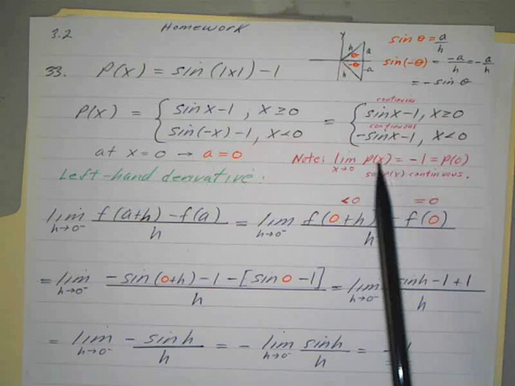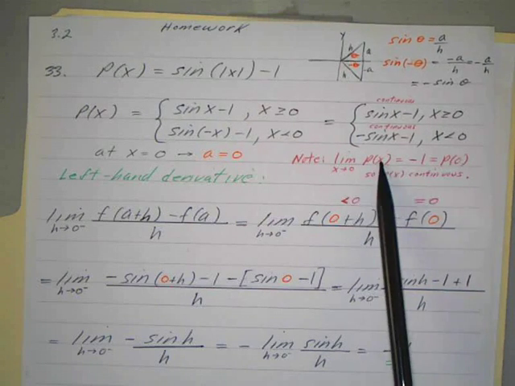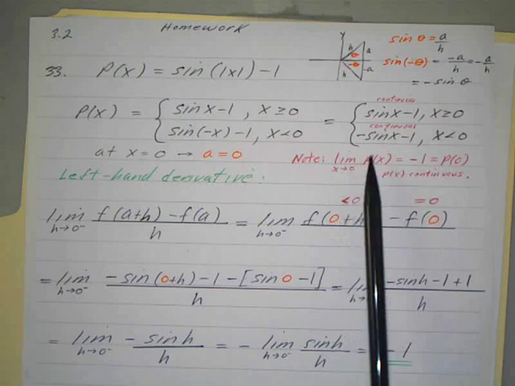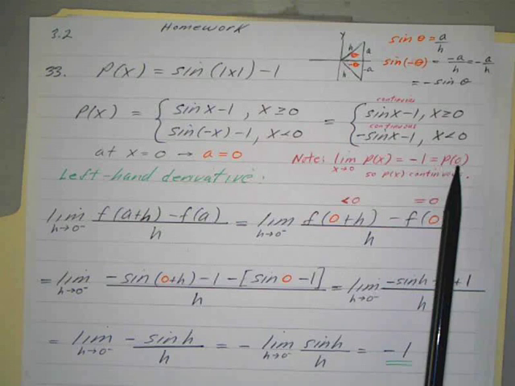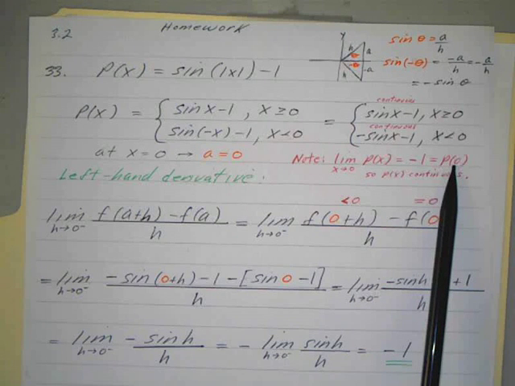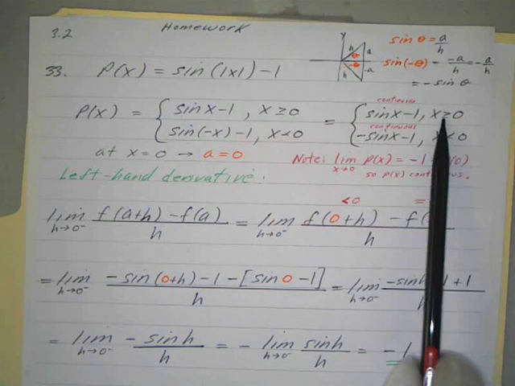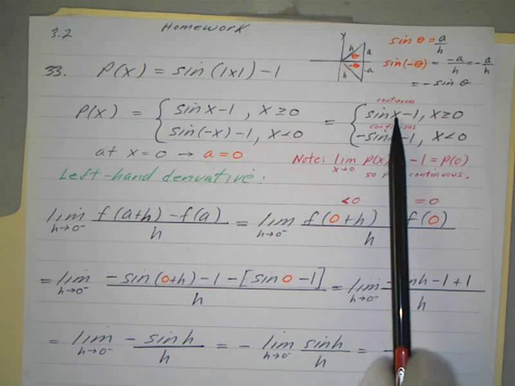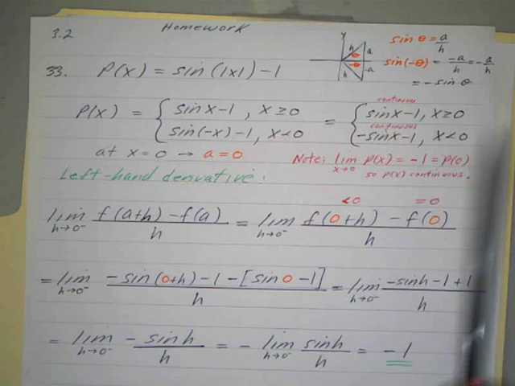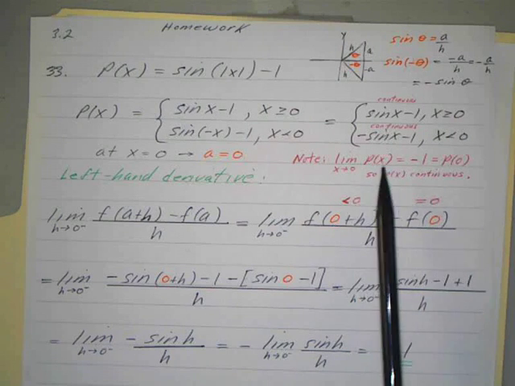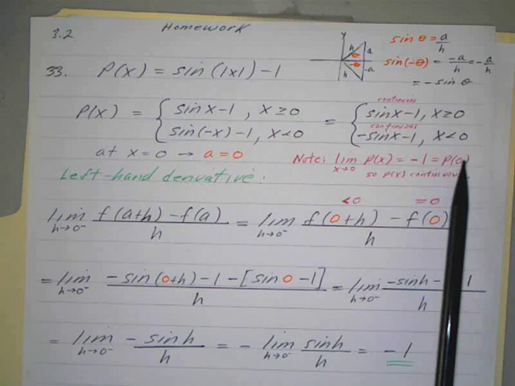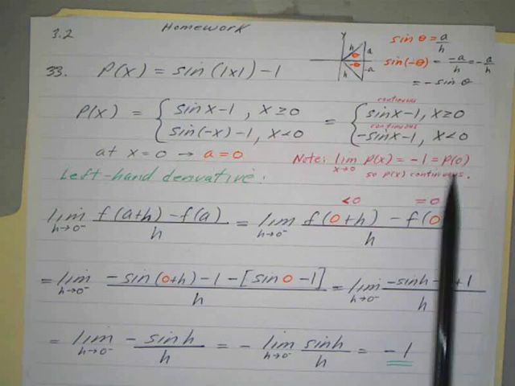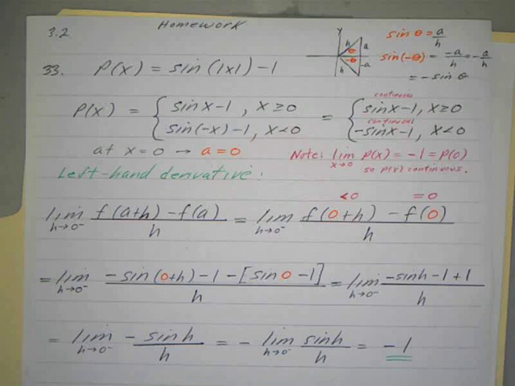So the left limit equals the right limit, so the limit of p of x as x approaches 0 is negative 1, but that's also the value of p of 0. Because if I put 0 in my function, sine of 0 is 0, minus 1 is negative 1. So it's continuous at that junction point.